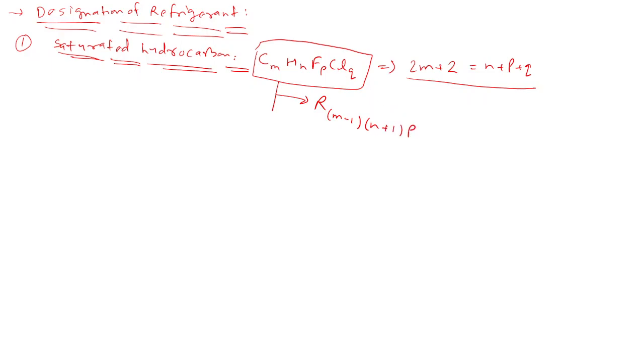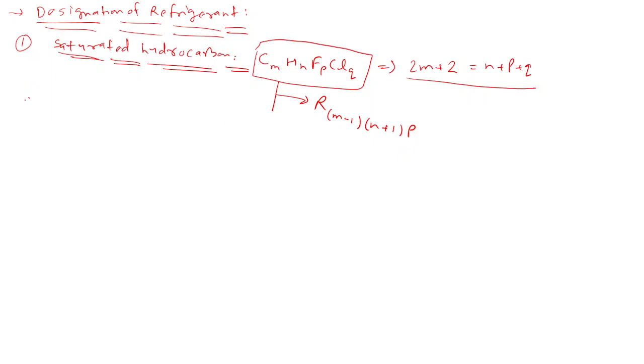For chlorine we will leave it, and we just see the number of m. Then it would be m minus 1, and for the hydrogen, whatever the number of hydrogen, we just add 1 there, and the number of fluorine atoms would be the same.